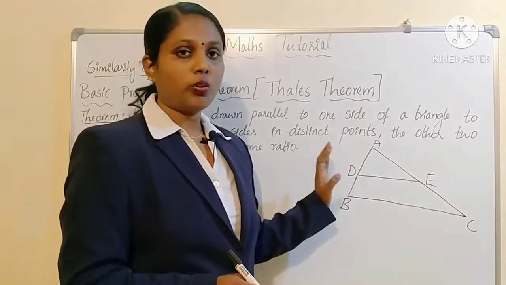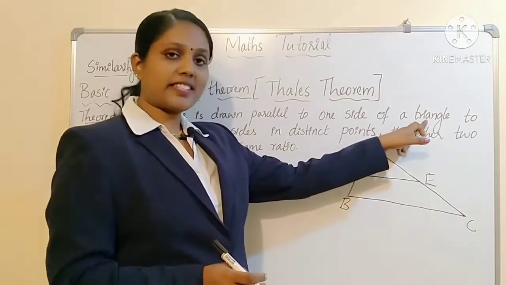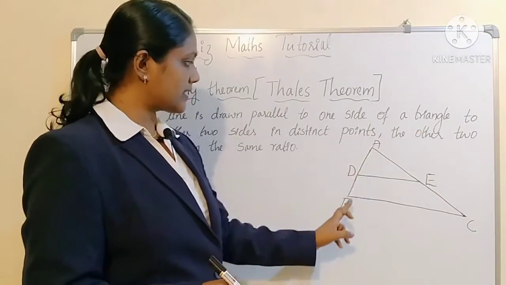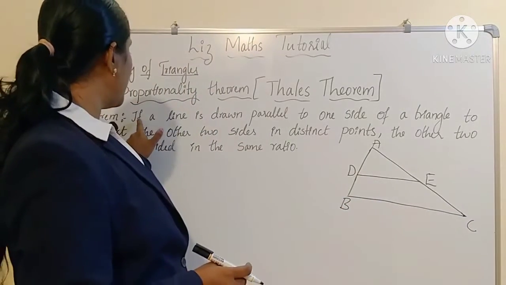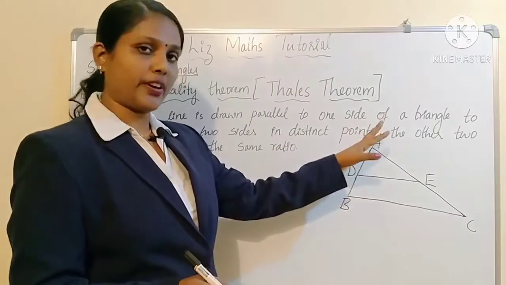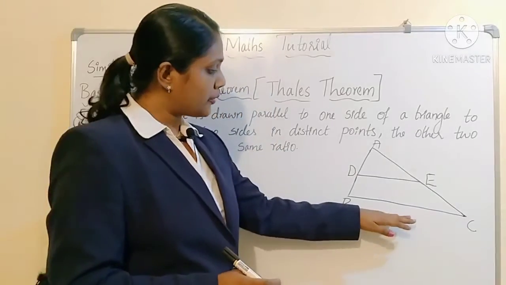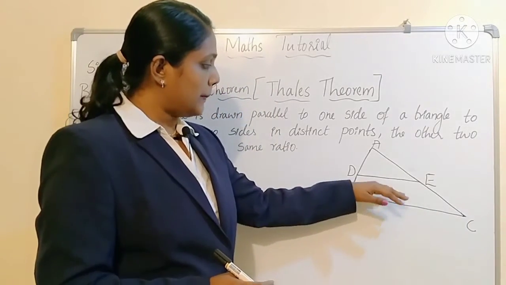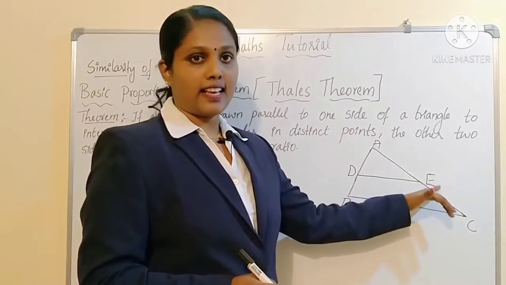See here what they asked you to do. You want a triangle, called ABC. If a line is drawn parallel to one side of a triangle, I have taken BC as the one side, and for that I have drawn a parallel line DE.